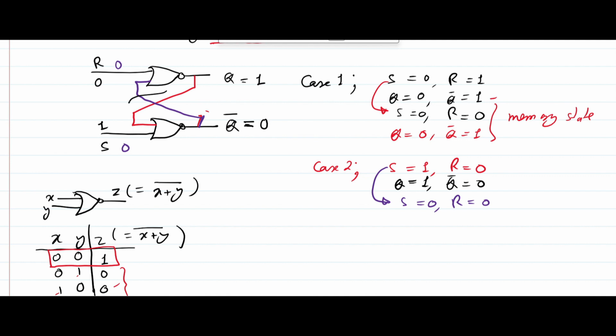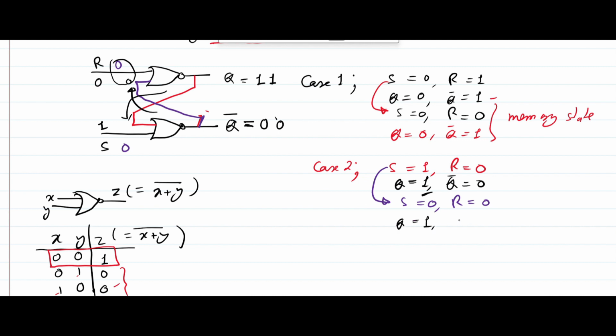So this q 1 comes here because it is q equal to 0. If you see, one of the inputs is 1, so the output will be 0, and this 0 goes here, and both the inputs here are 0. So what happens? My output will be 1. So what do I get from here?